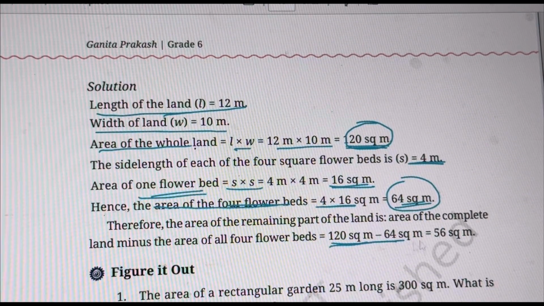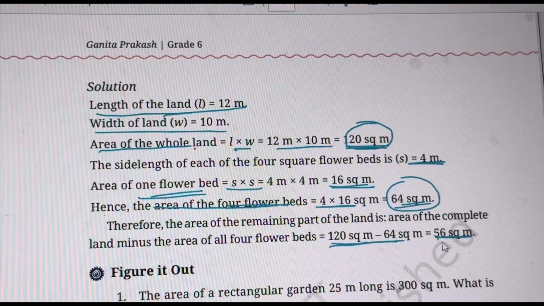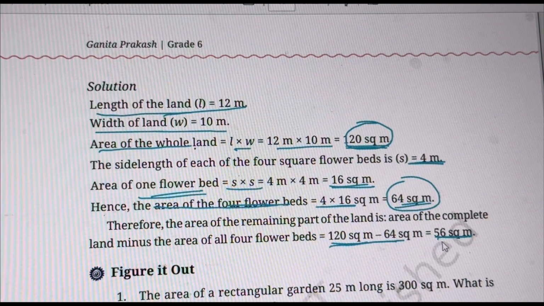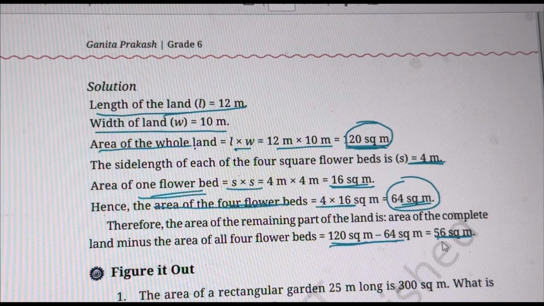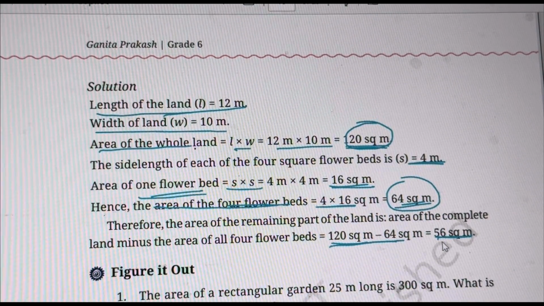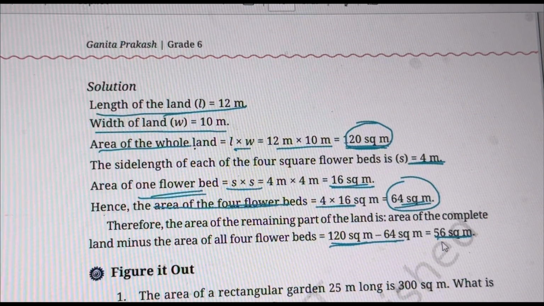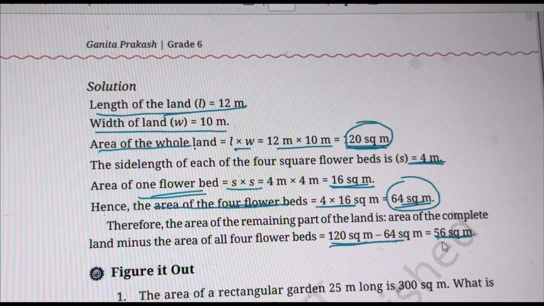We subtract them and we get 56 square meter. That's the area of the remaining land, other than the flower beds, right? So I've explained to you what is area with examples. Now in the next video we will solve the figure it out exercise which is given below this. Thank you.